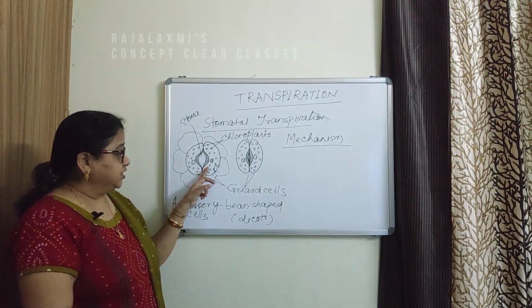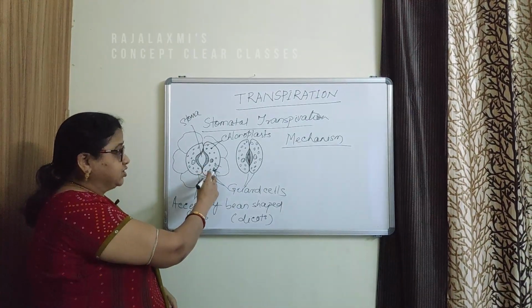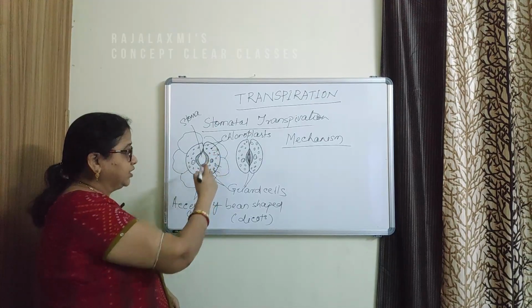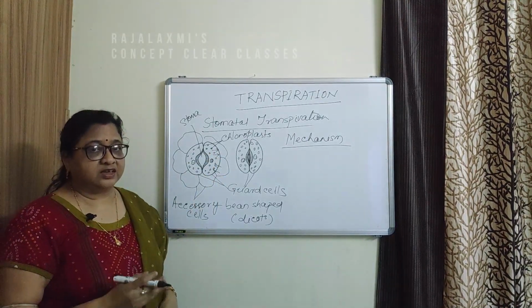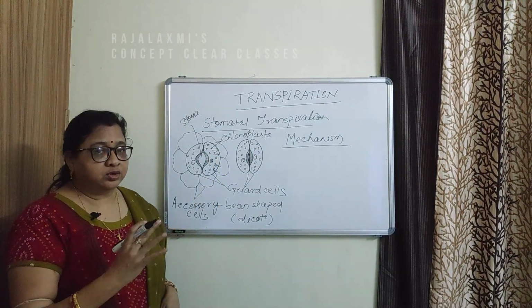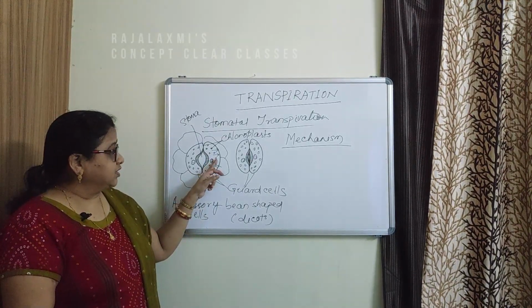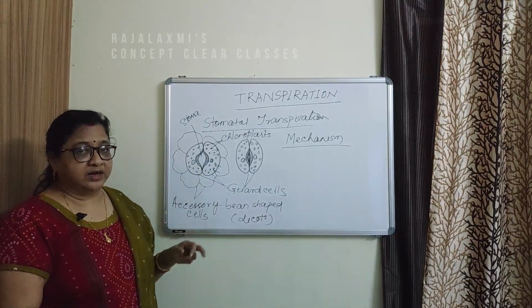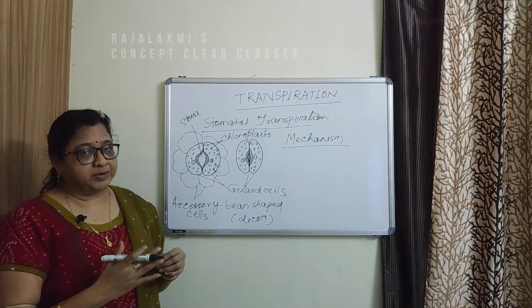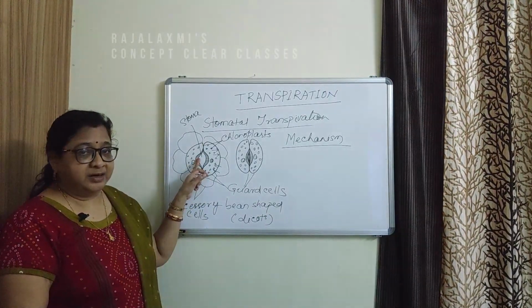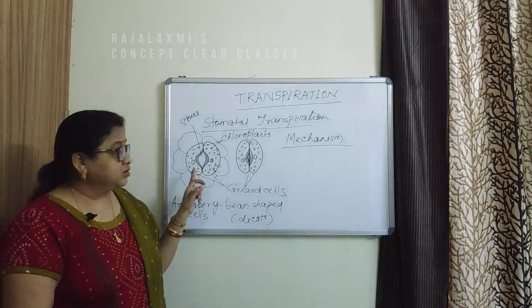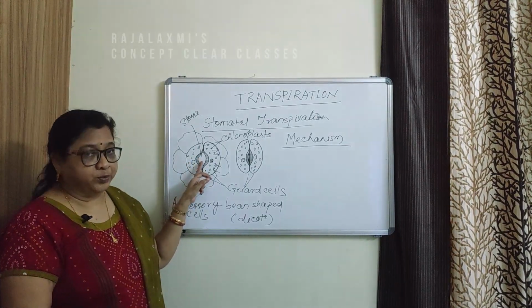This turgidity exerts a pressure on the outer wall of the guard cell, so that the guard cells are pulled outward, and along with the thinner wall, the inner thick wall is also pulled apart, and an elliptical opening is formed. So this is the stomata open.